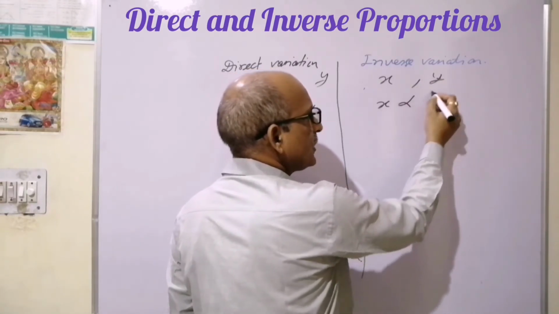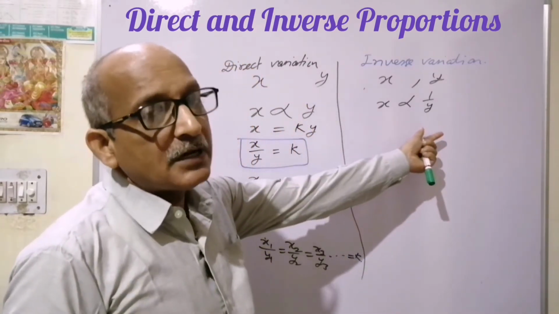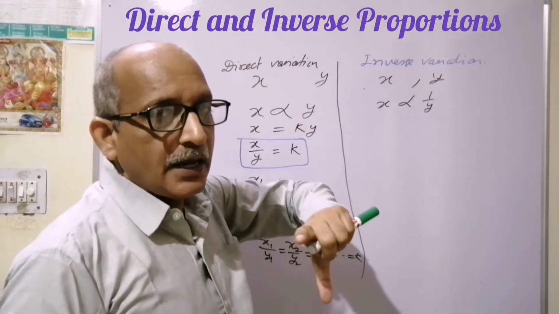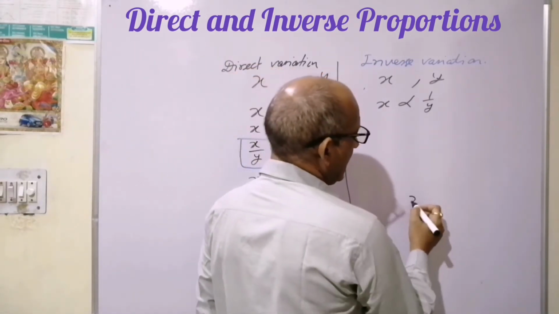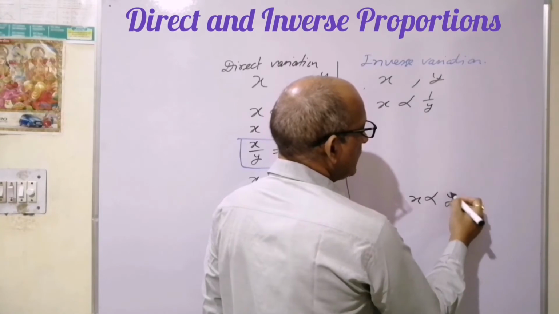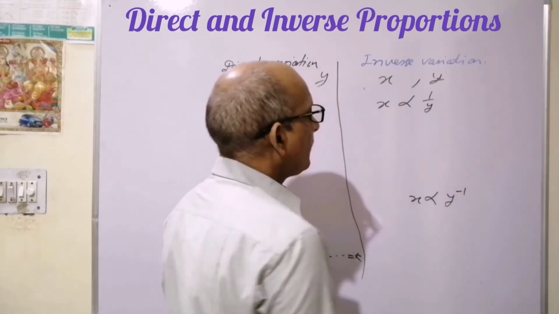x is proportional to 1 by y. It means x is proportional to the inverse of y. Inverse of y means y to the power minus 1.